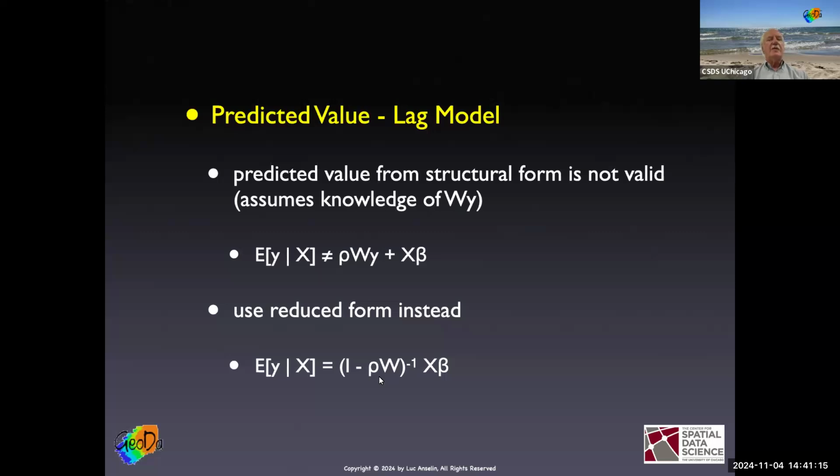But if you go to the formal proofs, this is a condition. The inverse has to exist. And it exists under those conditions. So the W times the product WY actually is the weighting matrix.